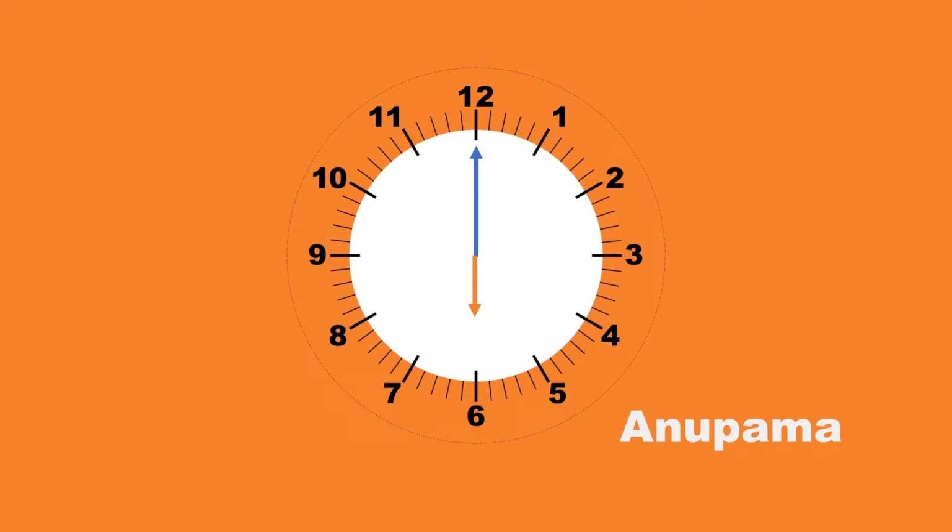Similarly, when it moves towards 6, when it is 6 o'clock, there is also an angle between the two hands. At 9 o'clock, there is also an angle between the two hands. When it is 12 o'clock, it completes one rotation and there is also an angle.